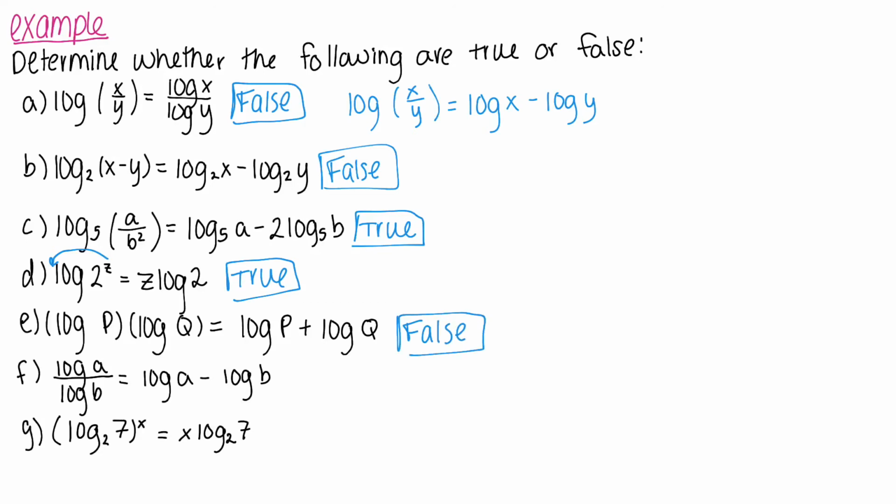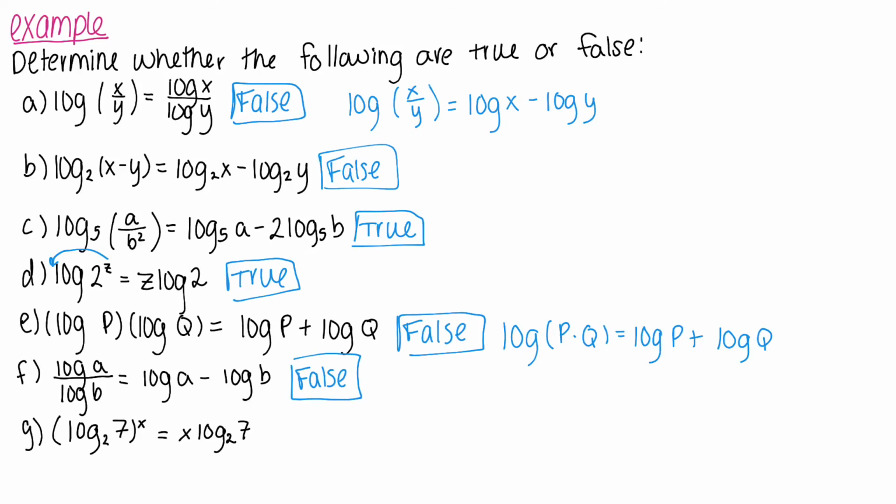So notice that this is a log multiplied by a log. It's not two things inside of a log being multiplied. It's a log multiplied by a log. So what is true is that if you had log of p times q, this would be equal to log p plus log q. But when the logs are multiplied together, that doesn't work. Okay. F is false.